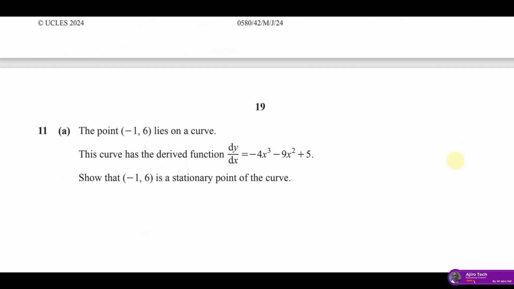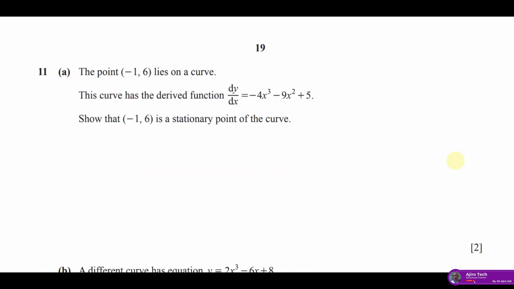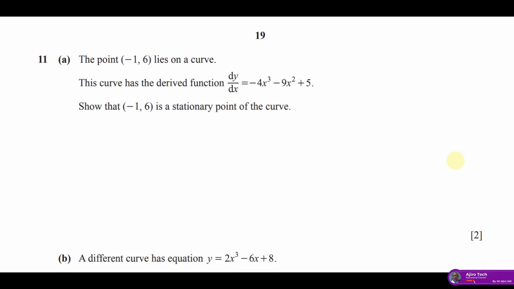Now the next part is a calculus question. The point -1,6 lies on a curve. The curve has the derivative function as shown. Show that the point -1,6 is a stationary point. Hence, dy/dx is equal to 0.